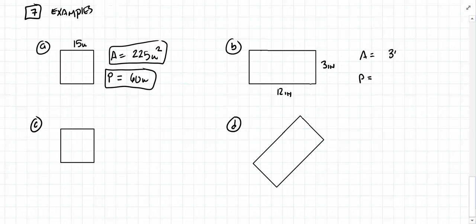The perimeter is going to be 2 times 12 plus 2 times 3. So that's going to give us how much? 30 units. Because I need to add up all the way around, right? Each one of these. There's 2 12s and there's 2 3s.